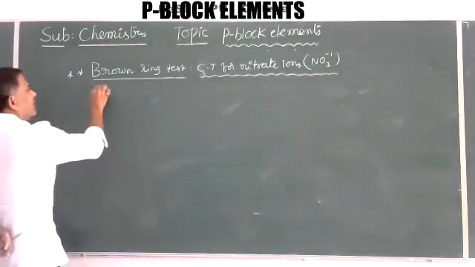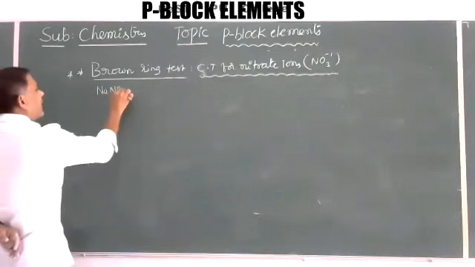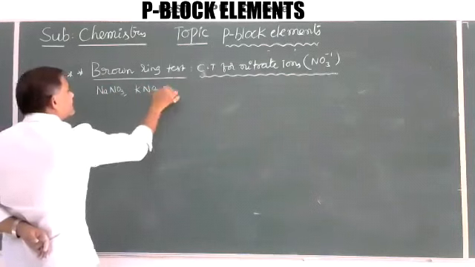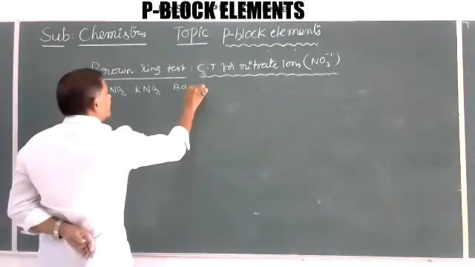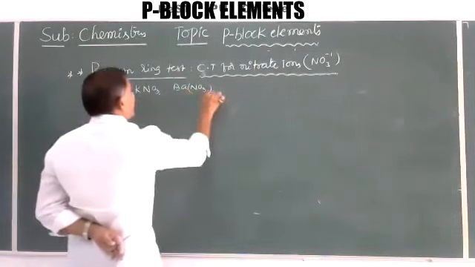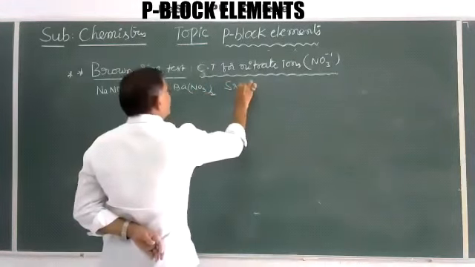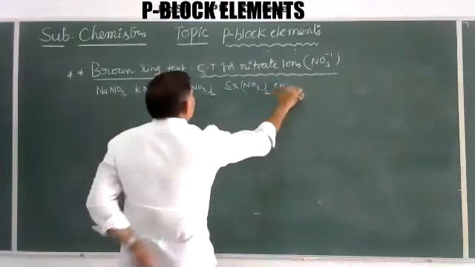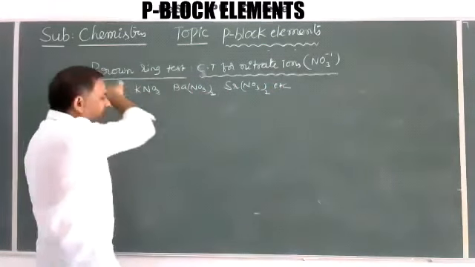So in a given unknown salt, maybe sodium nitrate NaNO3, or potassium nitrate, barium nitrate, or strontium nitrate, like these are some important nitrates of metallic salts.